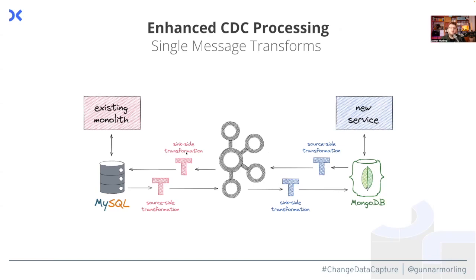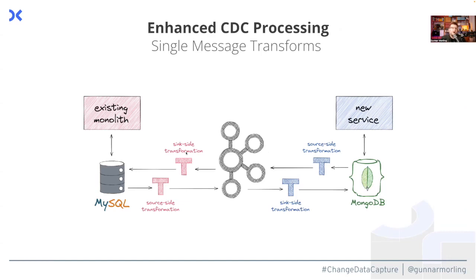And one means of doing that is what's called Kafka Connect single message transformations. So essentially, they are there for modifying or routing and changing the single messages, so single change events in our case. And we could use such an SMT, for instance, to adjust the structure of our data.